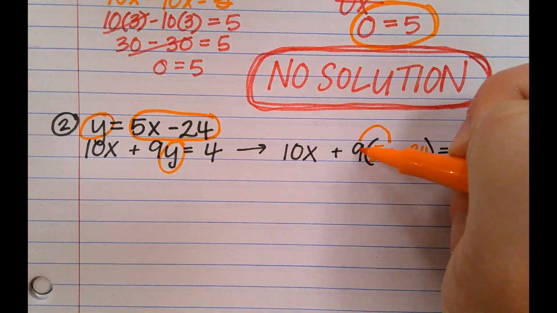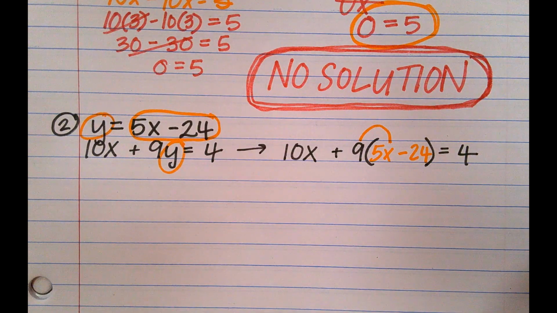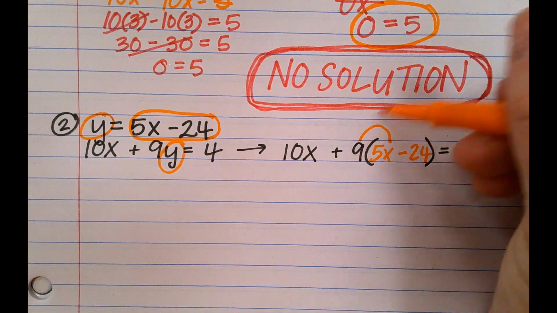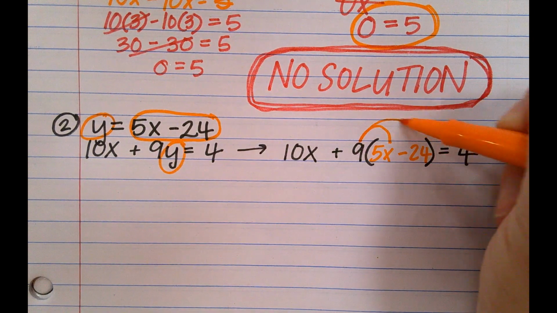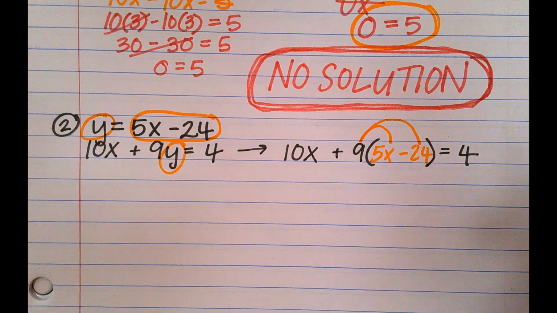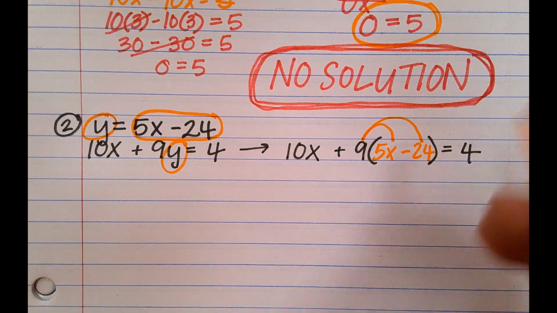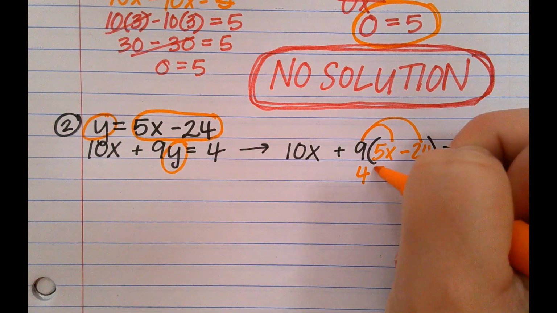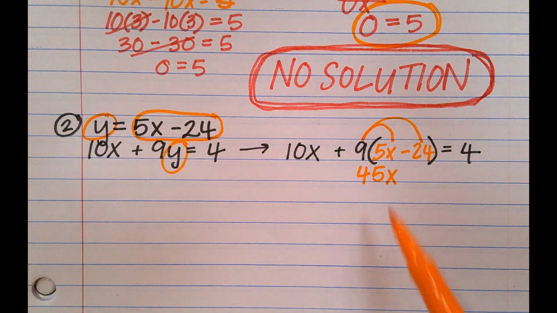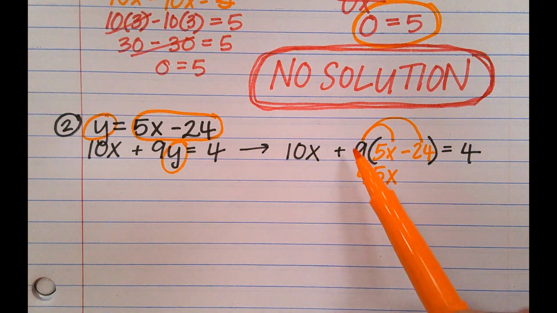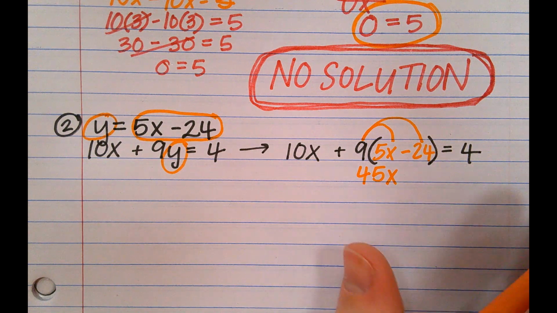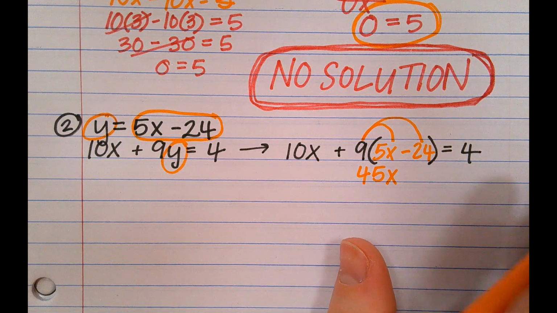Good. We're going to multiply 9 times 5x and 9 times minus 24. We're distributing. So what is 9 times 5x? 45x. 45x. We'll get a big number here. 9 times minus 24. Negative 216.